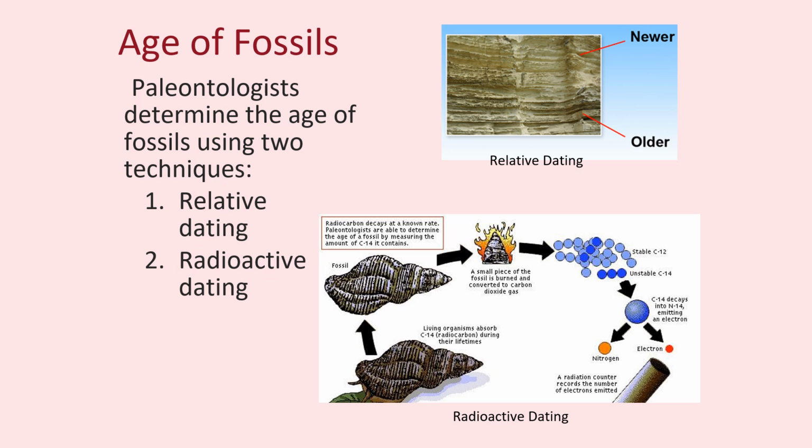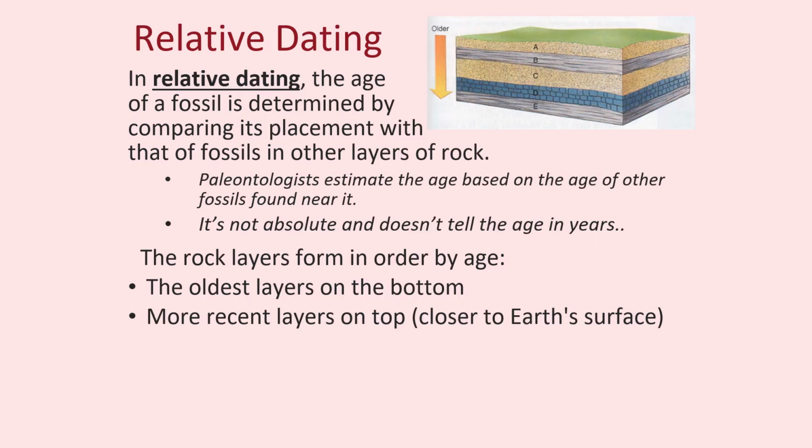So paleontologists determine the age of fossils using techniques: relative dating and radioactive dating. In relative dating, the age of a fossil is determined by comparing its placement with that of fossils in other layers of rock. So we can determine by the layers, oldest being at the very bottom and youngest being at the very top.